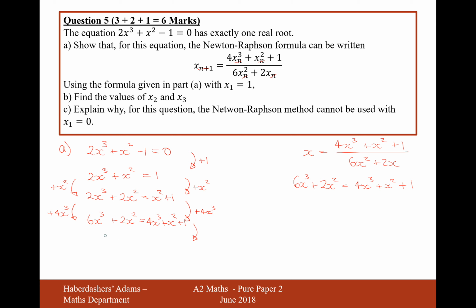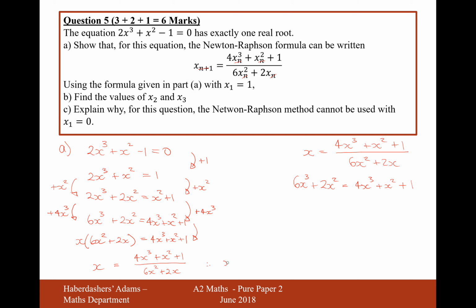Well, I'll now factorize out an x, so it's x bracket 6x squared plus 2x in brackets equals 4x cubed plus x squared plus 1, and then I'll divide by what's in the bracket, so x equals 4x cubed plus x squared plus 1 all over 6x squared plus 2x.